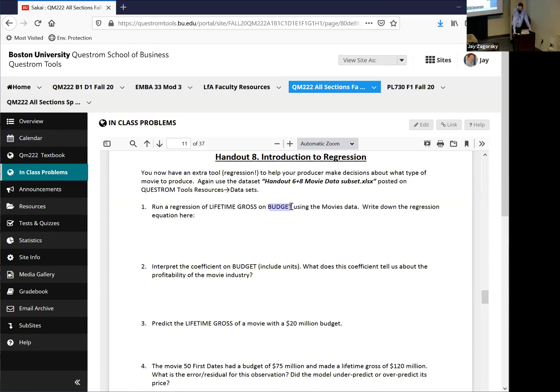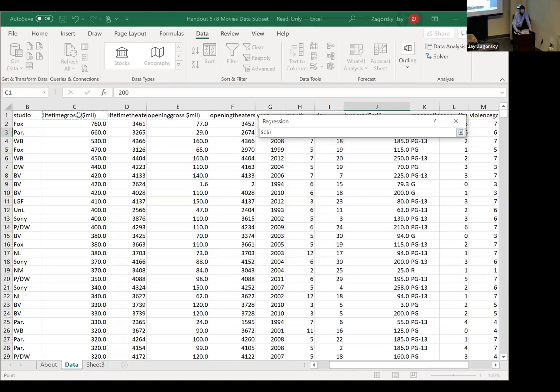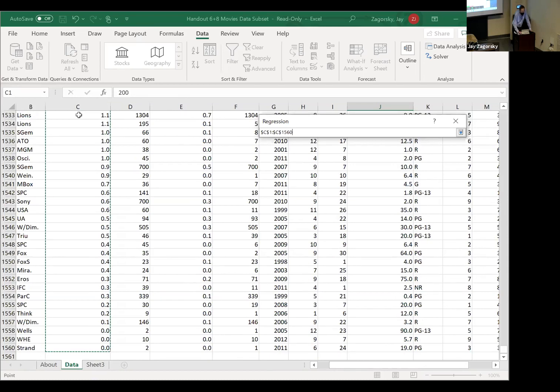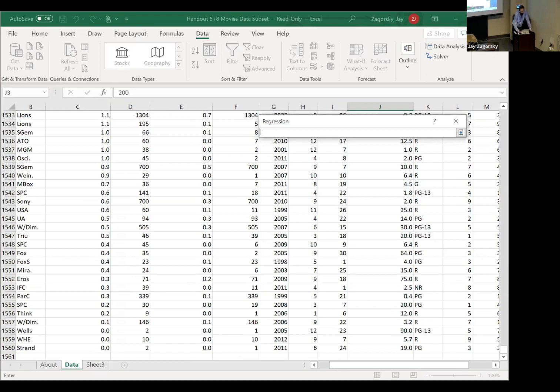We're going to look at not only budget, but also at whether the movie happened during the summer. Okay, Y range, the C column. The X range is going to be the J column.